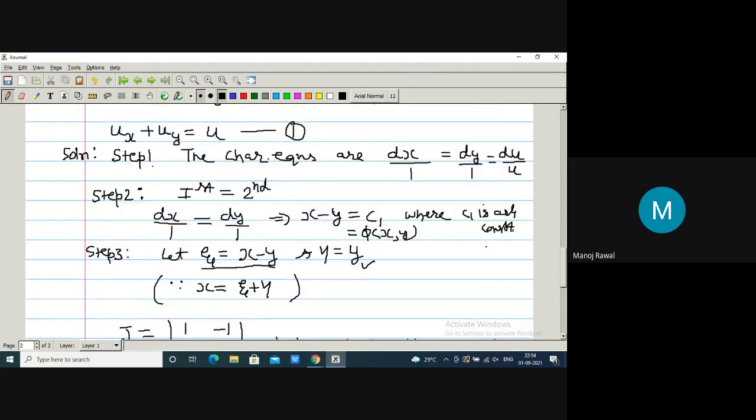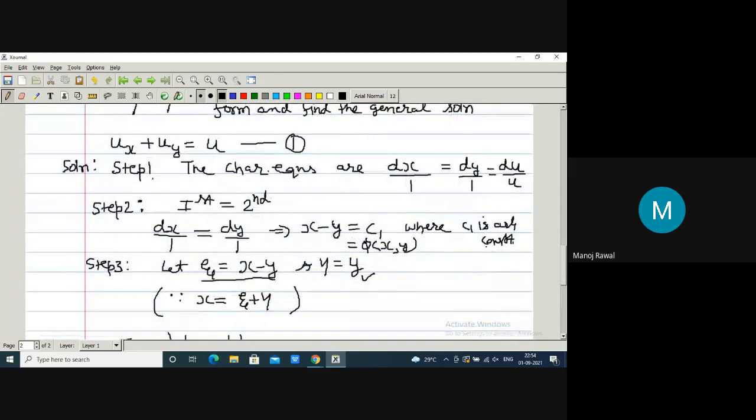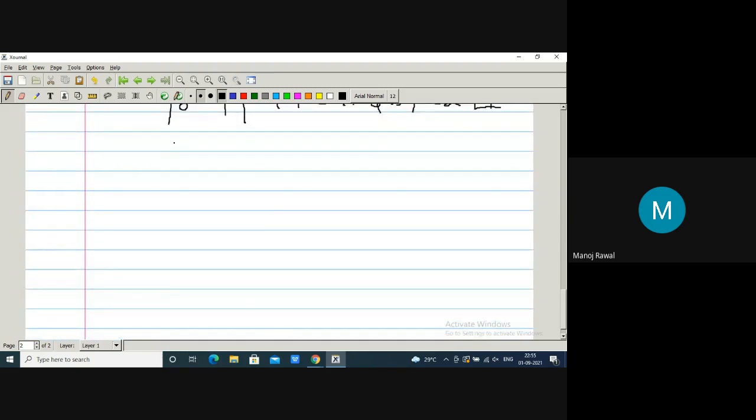So now in order to convert my given differential equation in terms of xi and eta, I will find ux and uy and then substitute over here. So I have to apply the chain rule.